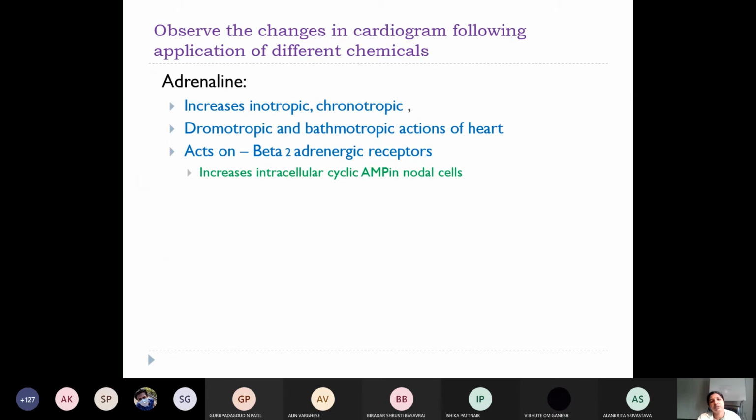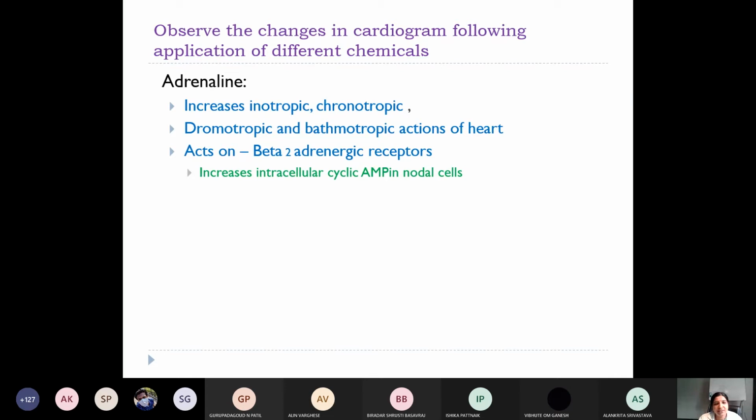Basically, whenever sympathetic nerve is stimulated, or if you give adrenaline as a therapeutic dose, you should remember its effect on the heart is that, of course, it increases all the functions of the heart: inotropic, chronotropic, dromotropic and bathmotropic actions.